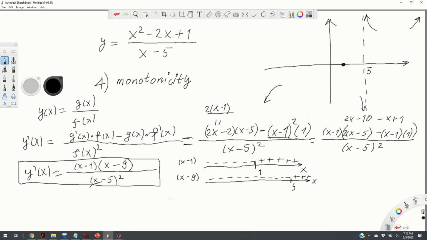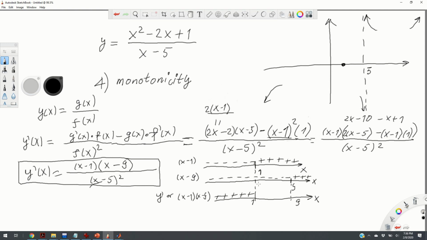So the sign of y prime, or the sign of x minus 1 times x minus 9, will be determined by the product of these two functions. So here's how we can quickly figure out the sign. What happens here? A negative function times a negative function gives something that's positive.